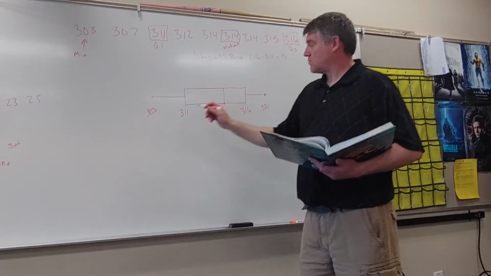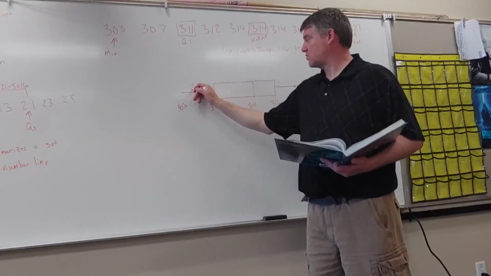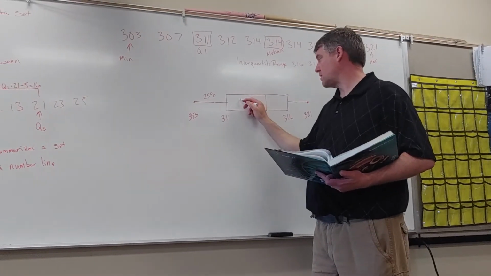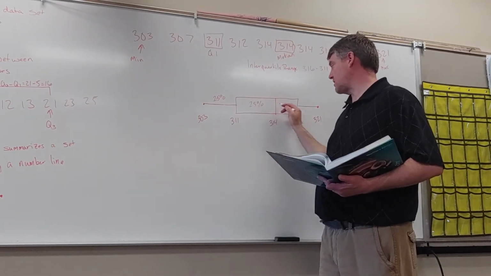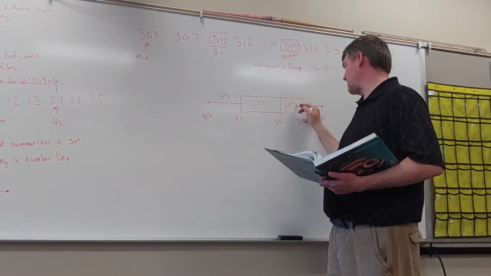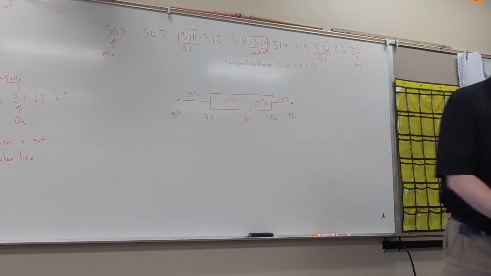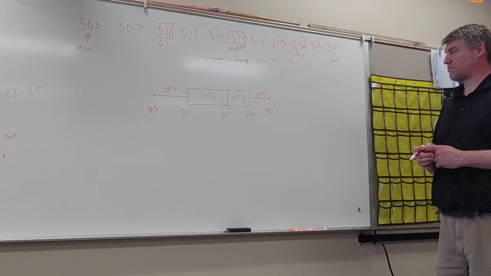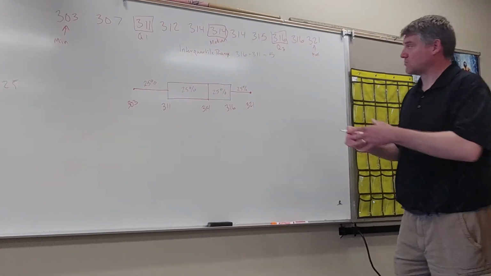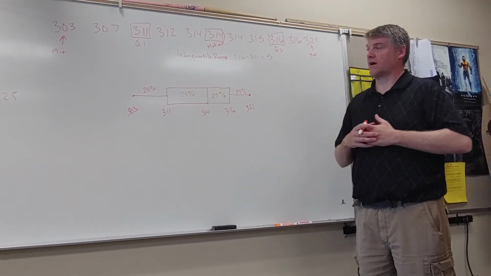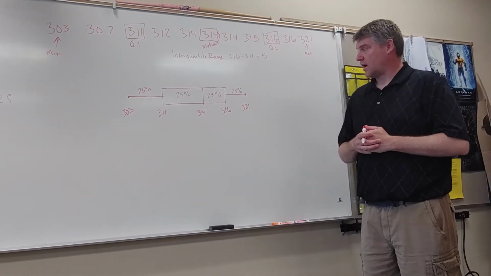So when we're looking at this, 25% of my data is in this part, 25% is here, 25% is here, 25% is here. We're breaking that up into quartiles. Okay, this one's a little different because we have 3 values located right at our median.